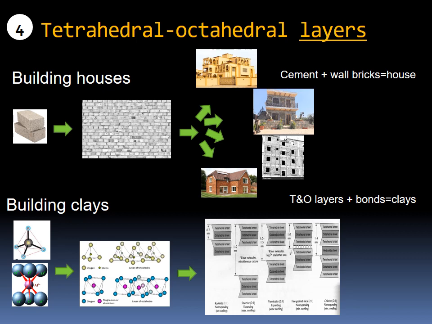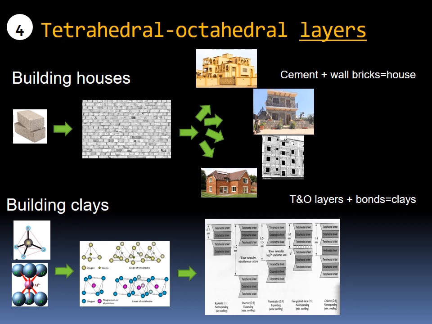But in all of these houses, you need blocks, bricks, you need the walls. When you put the bricks together, they form a wall. And when you arrange them, you will form different house structures. And the same thing for clay. It is essential in all clay types that you must have this atomic structure.